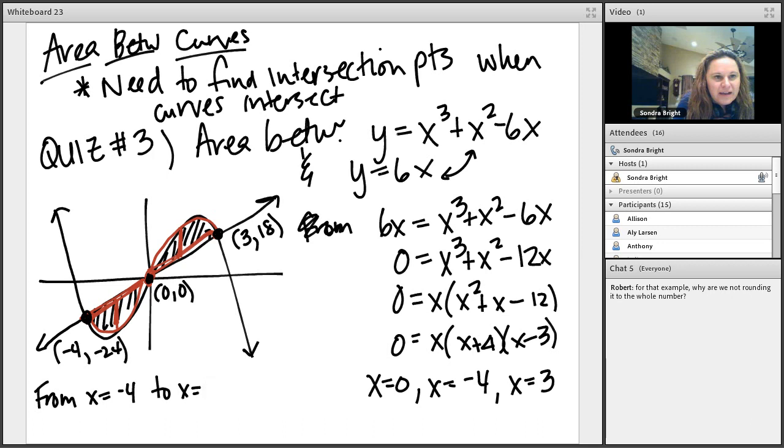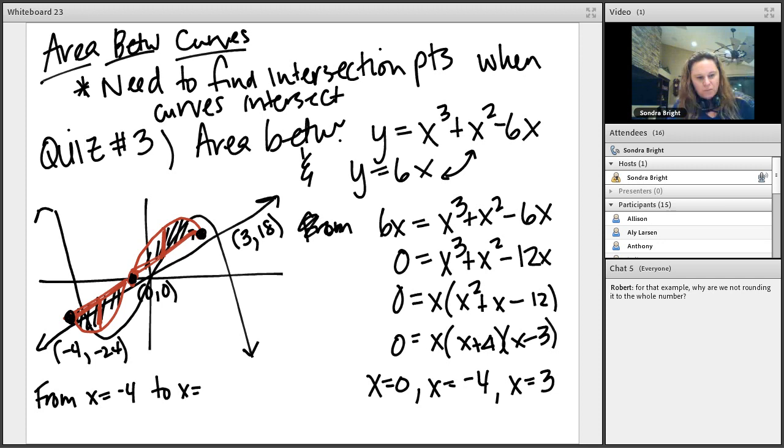Actually, no. I'm going to scratch it. Stop. Now it's flipping out on me. I have no clue what it's doing right now. Why are you flipping out? Okay. Here we go.